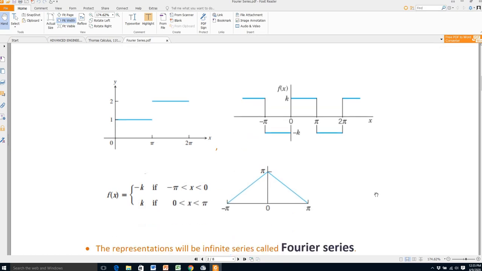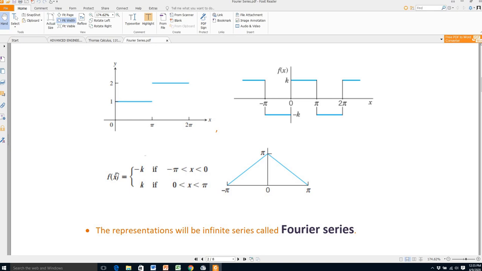Here is another example that we use. This is expressed in mathematical form as a piecewise function: f of x is equal to minus k or k. The value of the function is minus k in the interval from minus pi to 0, and the value of the function is k when the interval is 0 to pi.